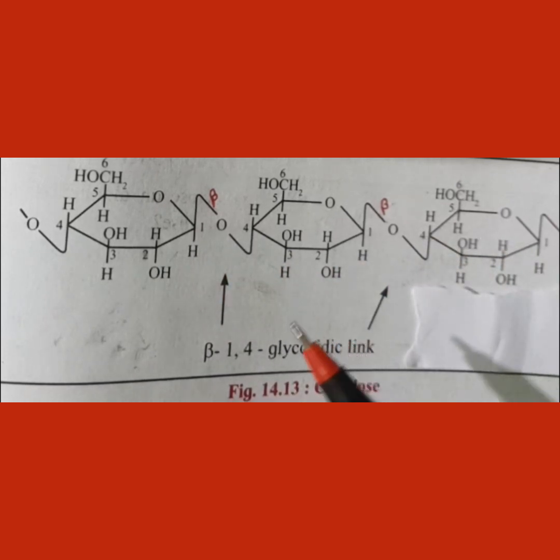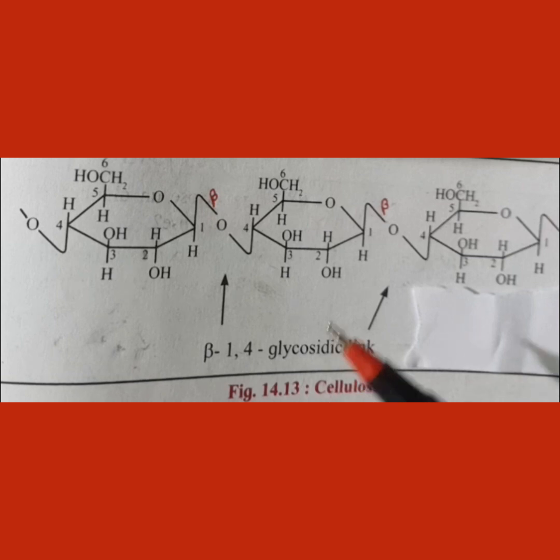Now the interesting part about the alpha linkage, alpha 1,4 linkage in the case of amylose, the starch that we get from rice, and beta 1,4 glycosidic linkage, which we get in cellulose. Cellulose is not digestible by humans, whereas amylose is digestible by humans.